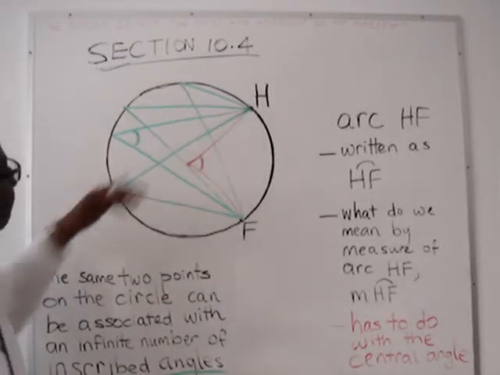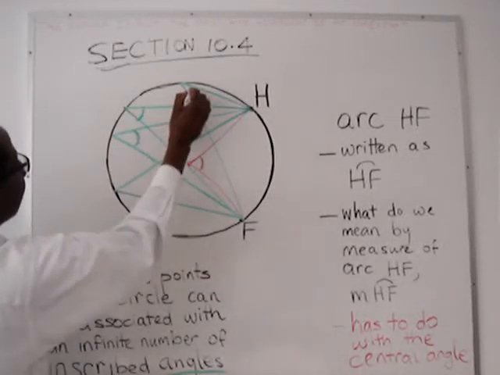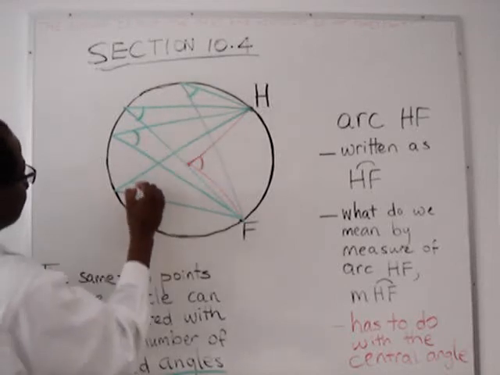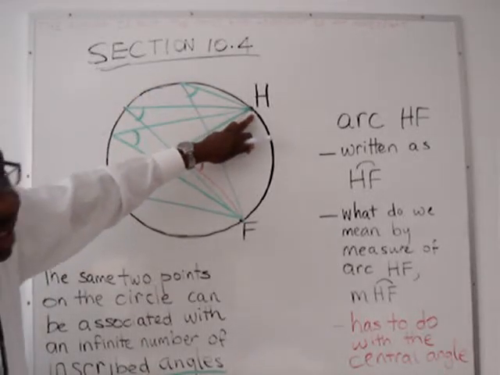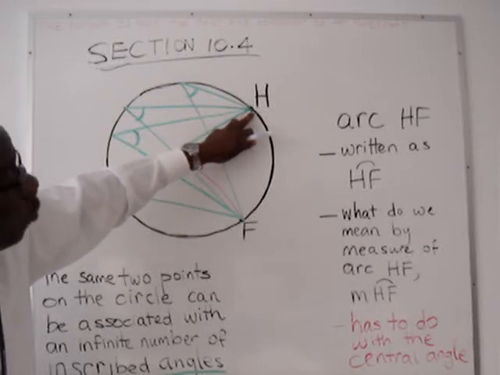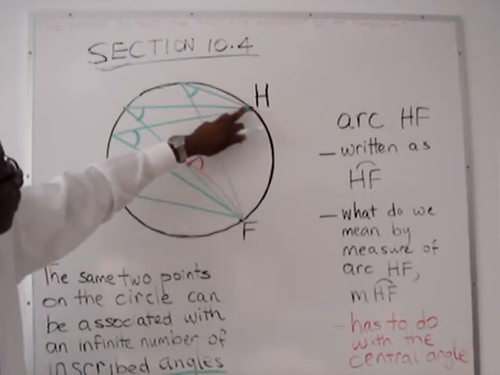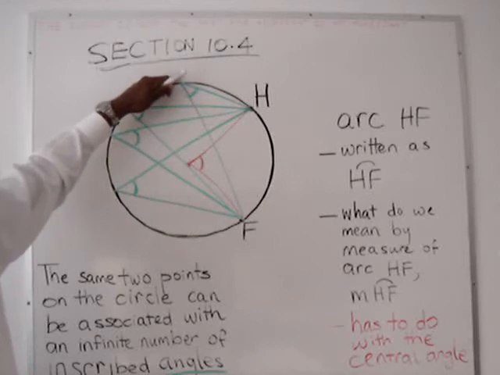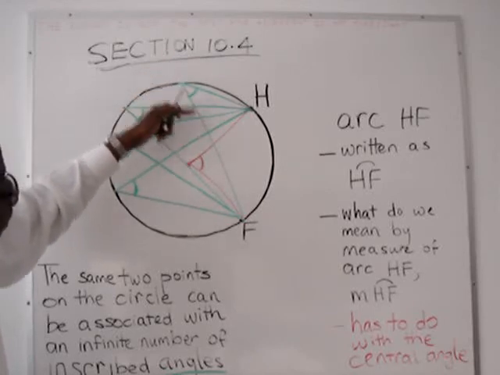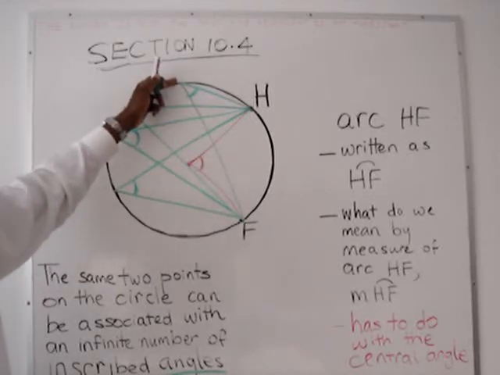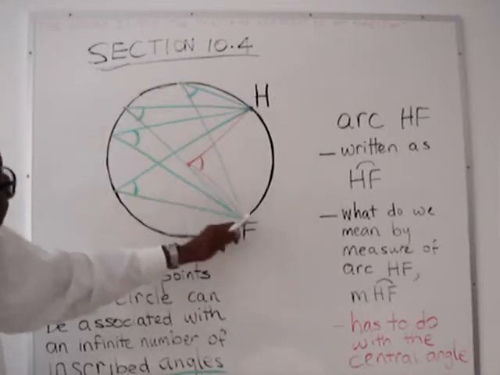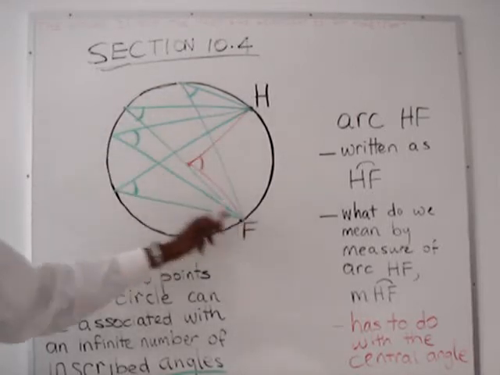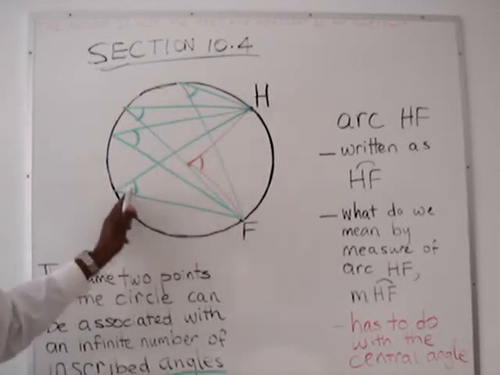All that matters for you to have an inscribed angle is that you begin a line at one of the 2 points, you draw it and touch the circle, and then from where you touch the circle, you draw back to the other point. So you can begin to see that you can draw so many different inscribed angles.